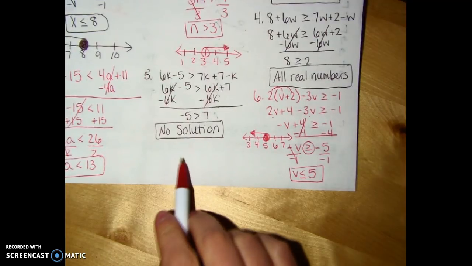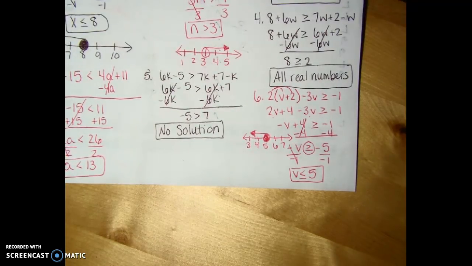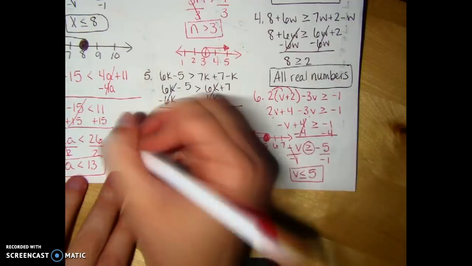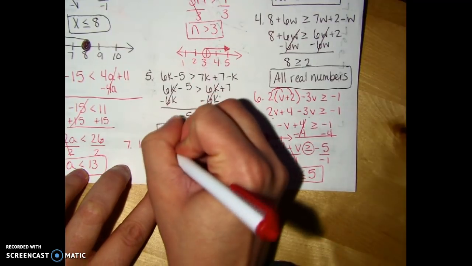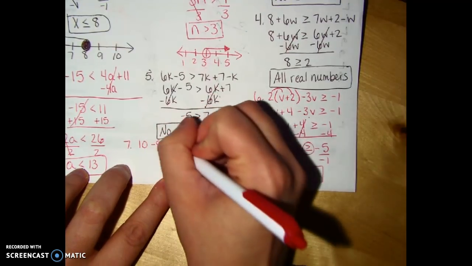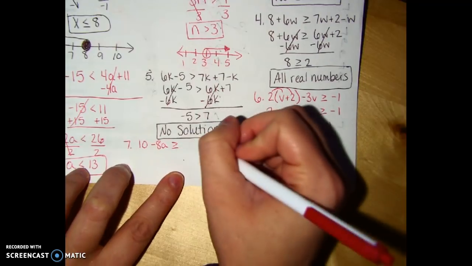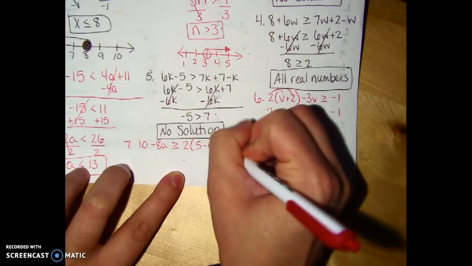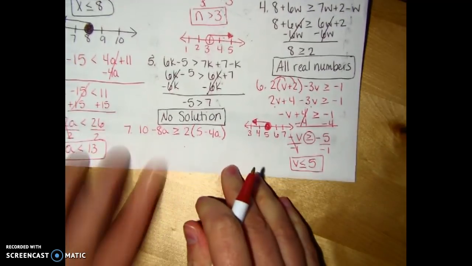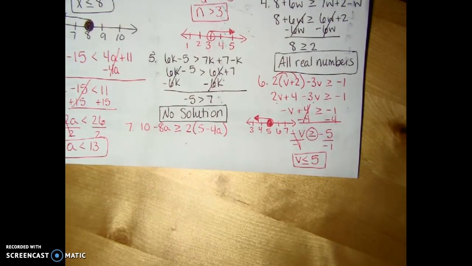I'm going to try and fit it in this little tiny area down here. I don't know if it'll work or not, but we'll see. Let's do, well, this is number 7. 10 minus 8a is greater than or equal to 2 times 5 minus 4a. So go ahead and try that one and see what you get.